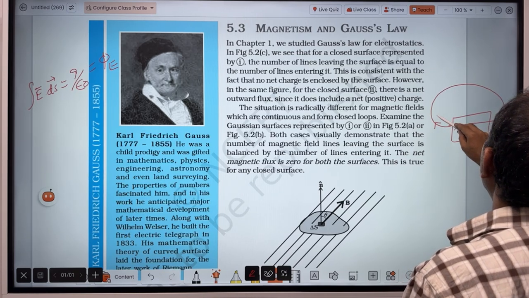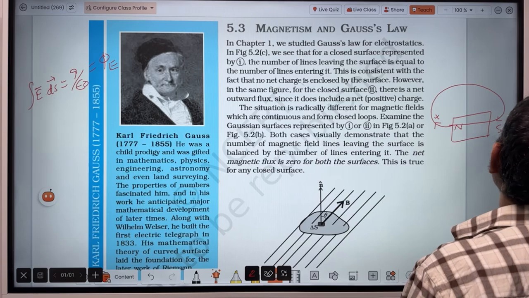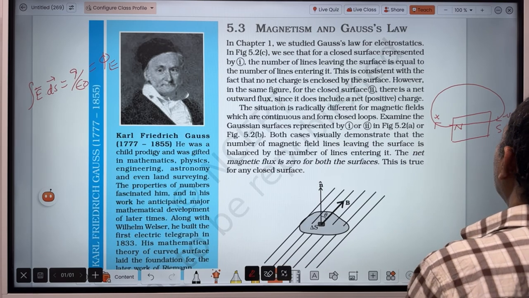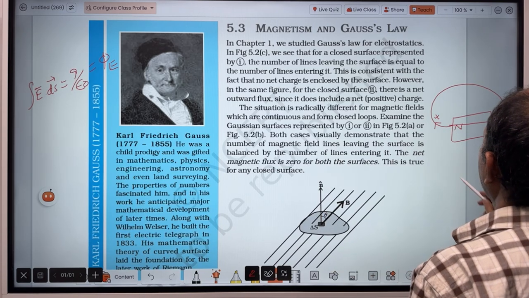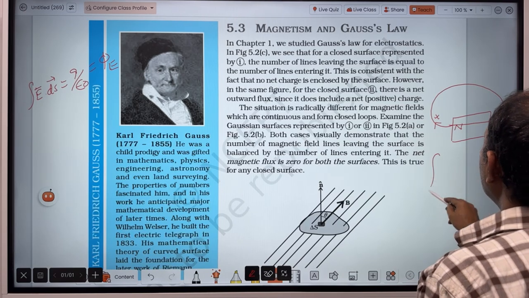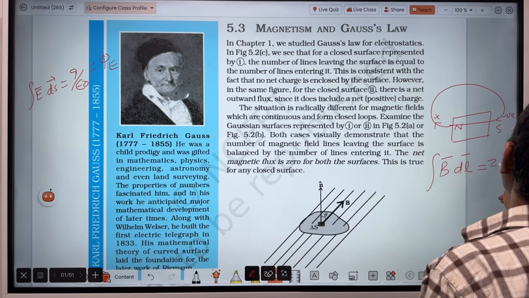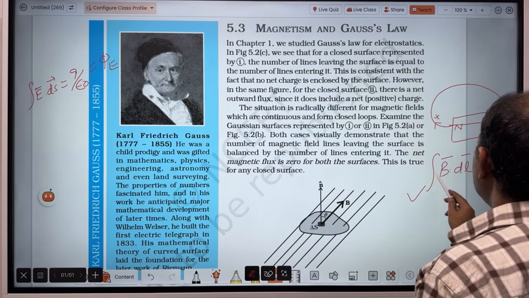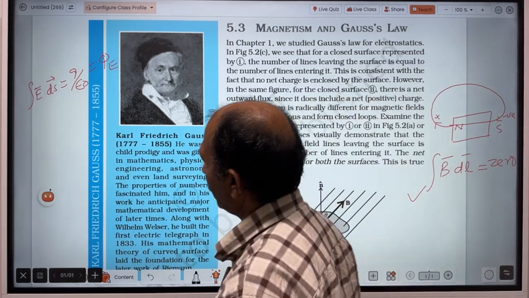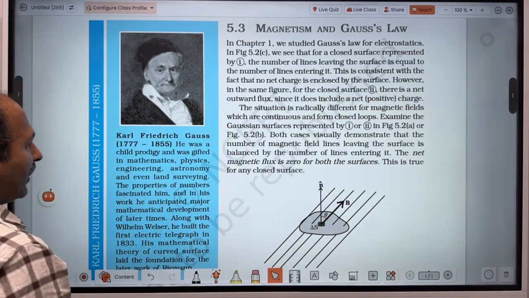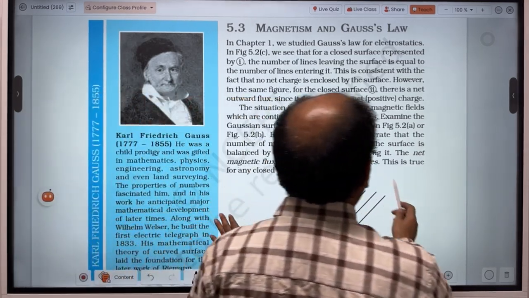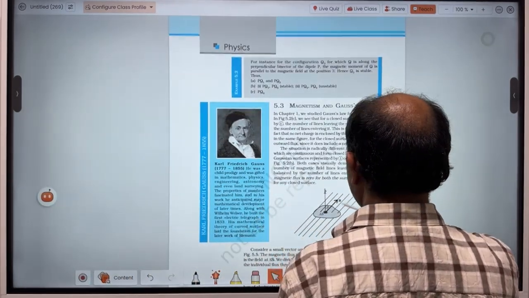If you take it as positive, then it must be negative, right? The sum will be 0 in every case. So integration B dot ds, if we try to find it out, will be 0. And this justifies that there is no monopole, right? For detail, you can read the passage, you will understand.